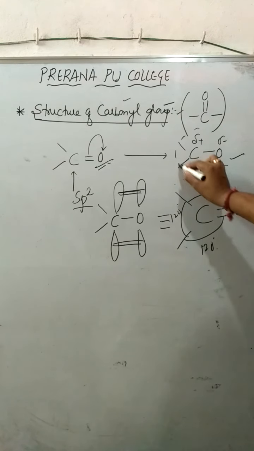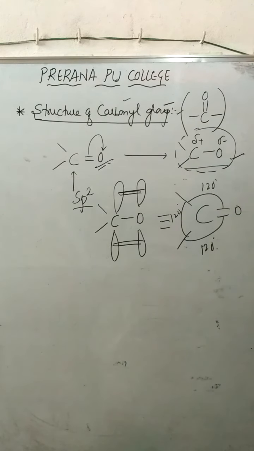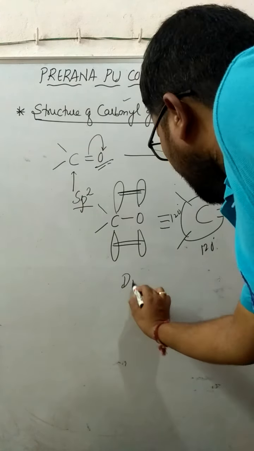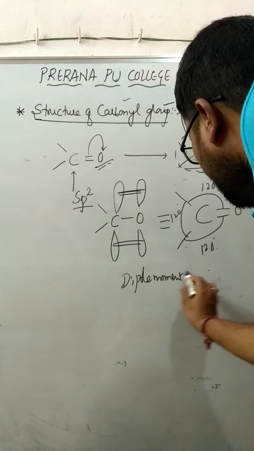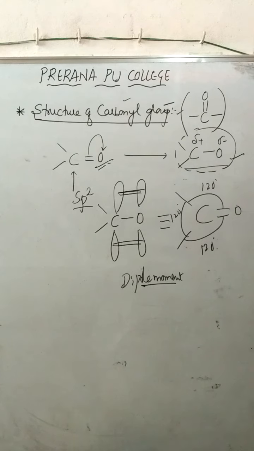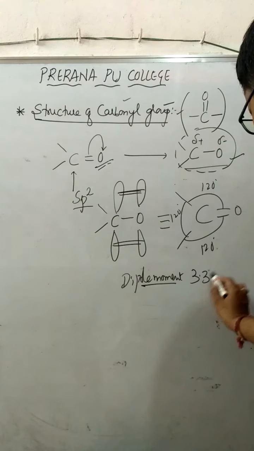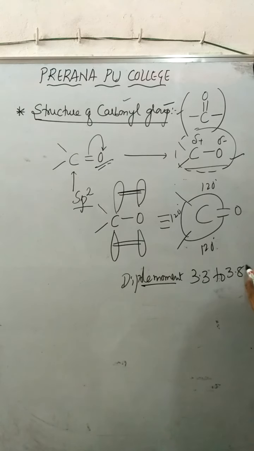Due to the polarity between carbon and oxygen, it also shows dipole moment, and the value of this dipole moment exists in the range of 3.3 to 3.8 debye.